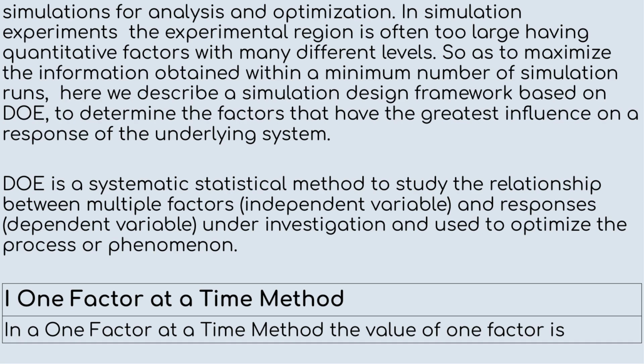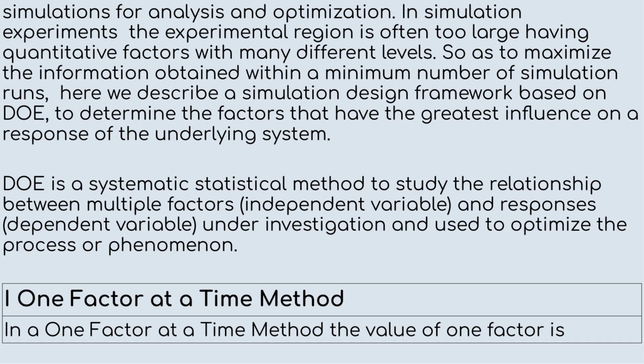Design of experiment is a systematic statistical method to study the relationship between multiple factors or independent variables and responses, namely dependent variables, under investigation, and it is used to optimize the process or phenomena under study.